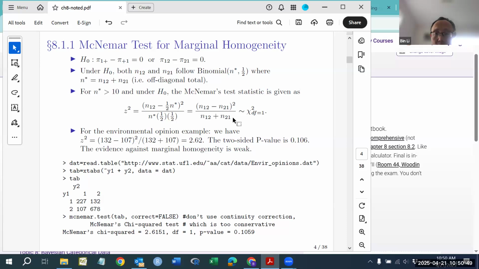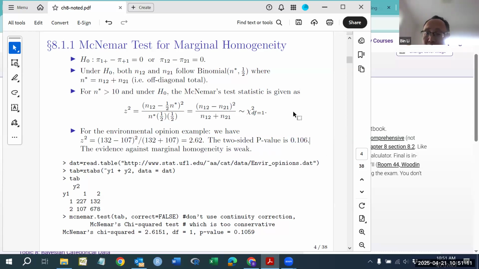Take the square, then divide by the off-diagonal total, 132 plus 107, and that equals 2.62. And that follows a chi-square with 1 degree of freedom. If you go to the chi-square table, you will see the p-value is around 0.1.